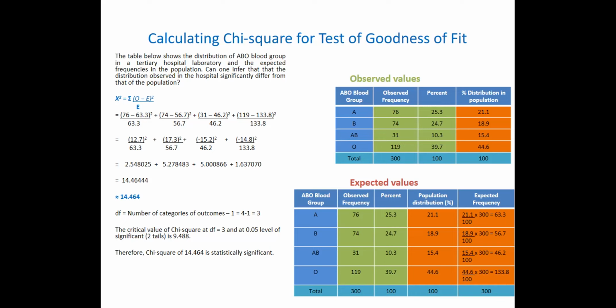If you look at the second table, the first column is the same as what we have before, then the percentage. The expected frequency we are calculating from the table above. The expected frequency for group A is 21.1 over 100, times 300, because your sample total is 300.